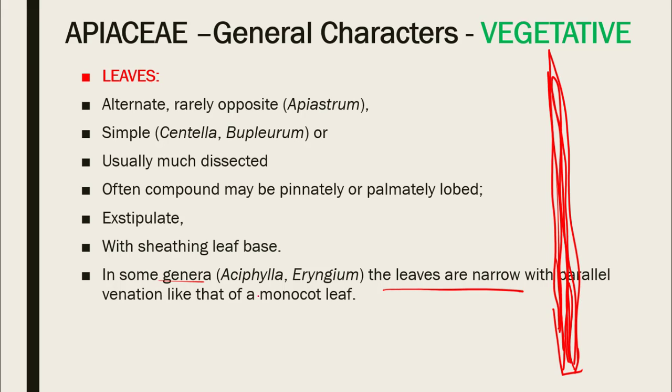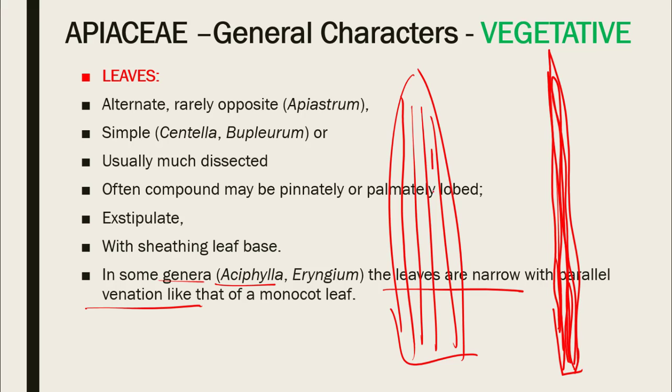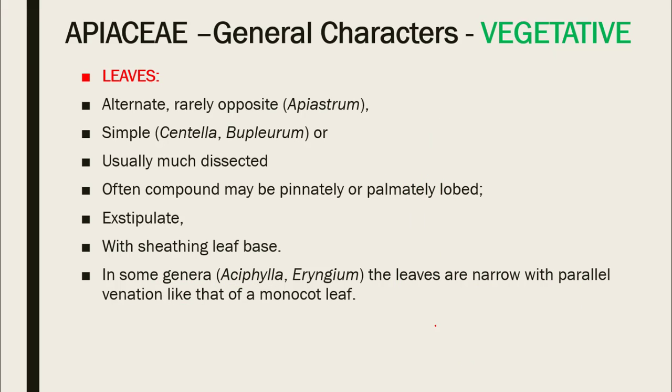So in genera like Aciphylla and Eryngium, the leaves are narrow with parallel venation. Now this is another topic of venation in leaves. So parallel venation is when the main veins of the leaves run parallel to each other. So this is an example of a parallel venation, which is a characteristic feature of monocot leaf.